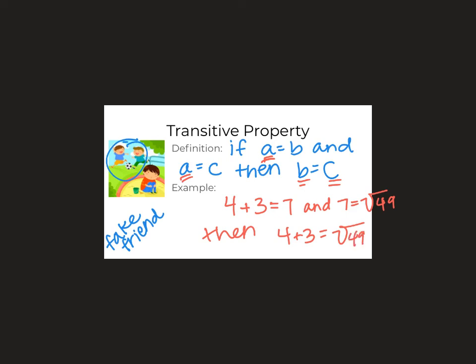We're getting rid of the middle. We're removing what they share. So there are 3 elements here, and if 1 equals 2 of them, so if A equals B and A equals C, then they equal each other, and that's my fake friend property. Think of someone hanging out without you after you've introduced them.